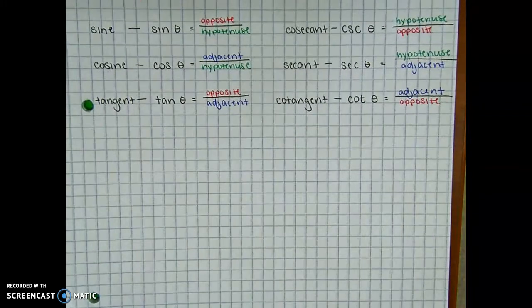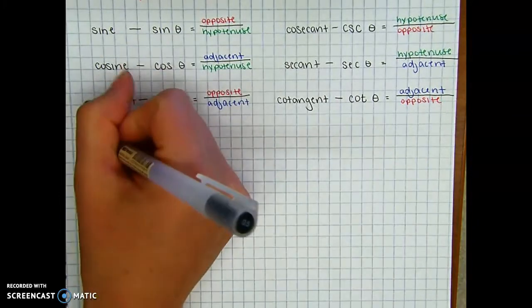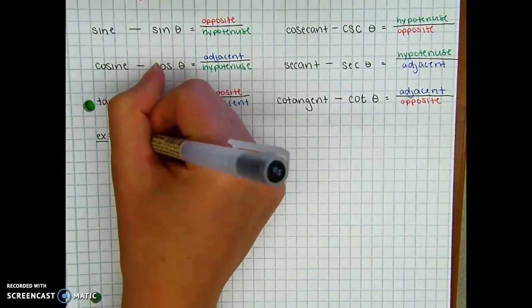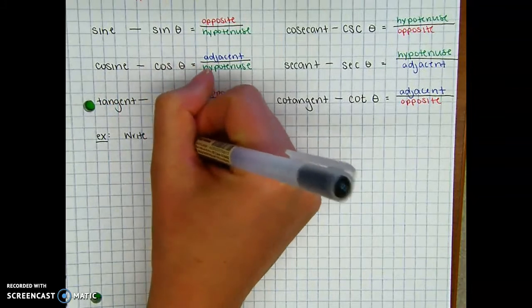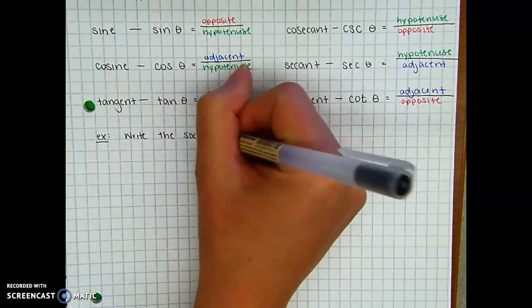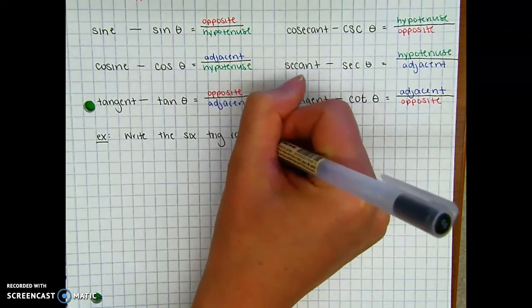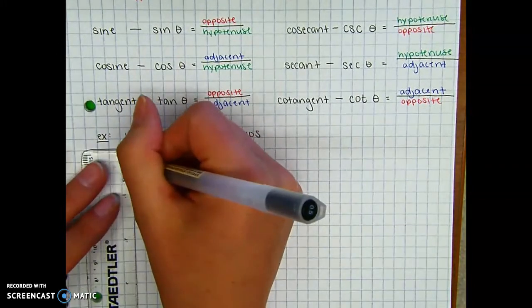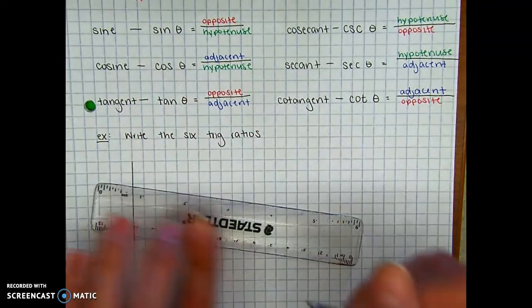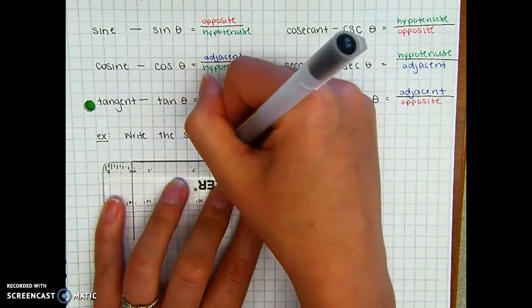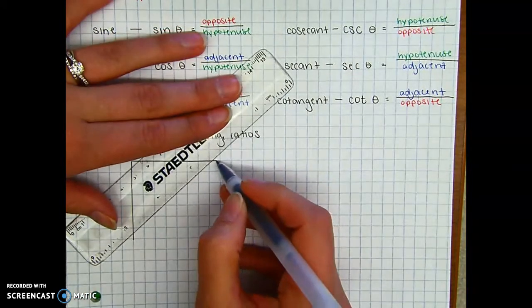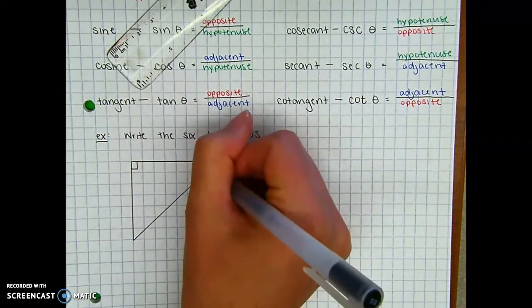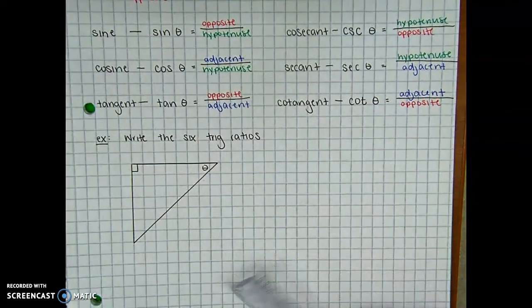So let's do an example using it. We'll start off straightforward and say, write the 6 trig ratios. And I'll give you a triangle, so let's make a right triangle. This is our right angle, and then I would like this to be the angle we focus on.